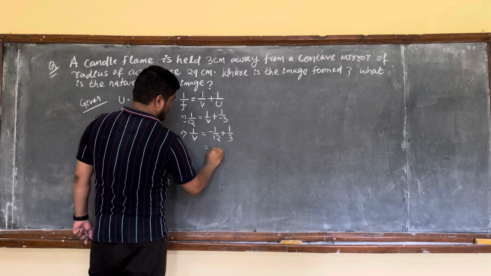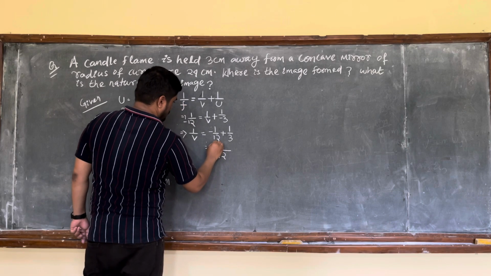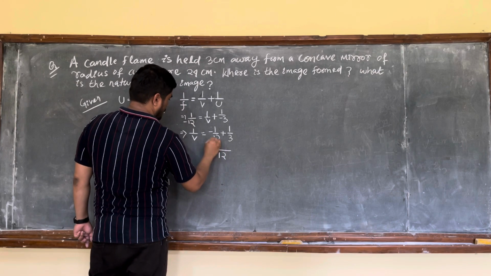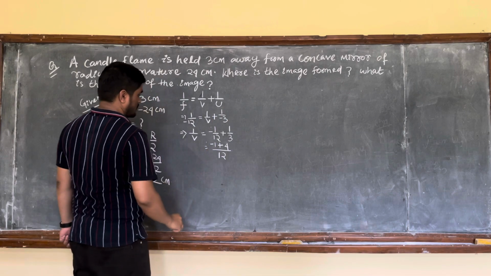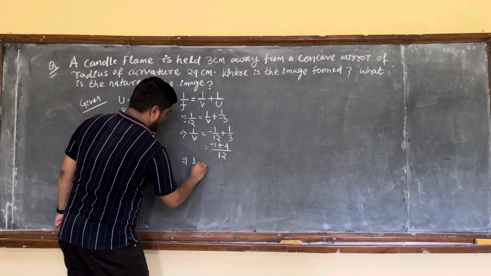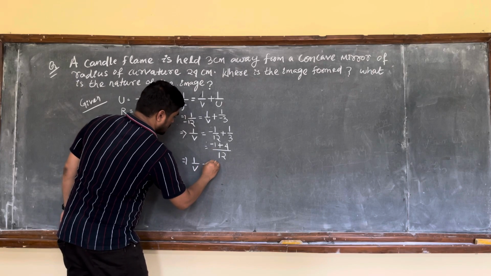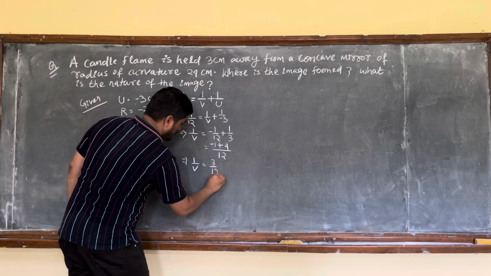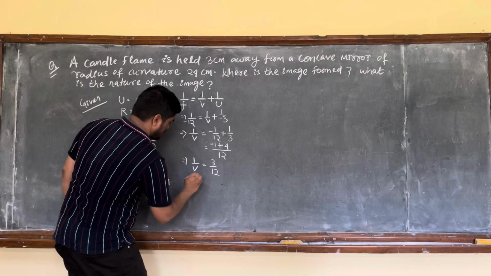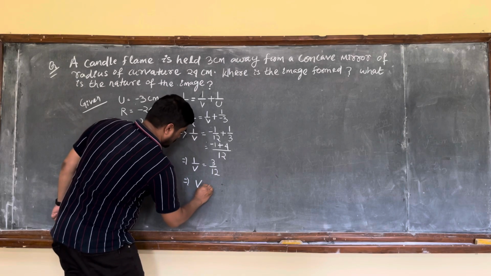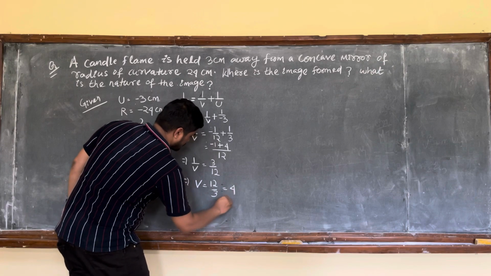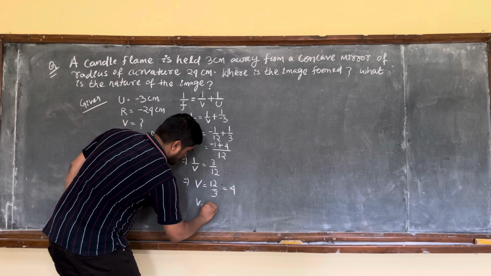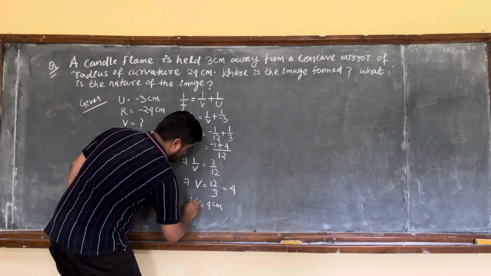So the LCM will be 12, and this will be minus 1 plus 4. That implies 1 divided by v will be 3 divided by 12. That implies the image distance v will be 12 divided by 3, that is 4. So the image distance is 4 centimeter.